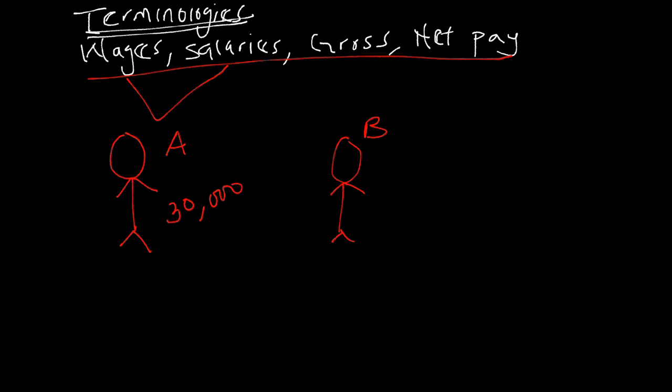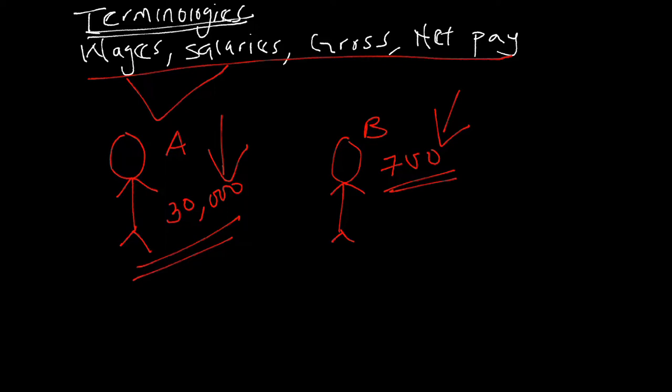Rather, he prefers everyday payment of 700 naira a day. Now, you say Mr. A is collecting salary while Mr. B collects wages. So wages is a type of remuneration being paid to employees that is not monthly based, while salary is monthly based.